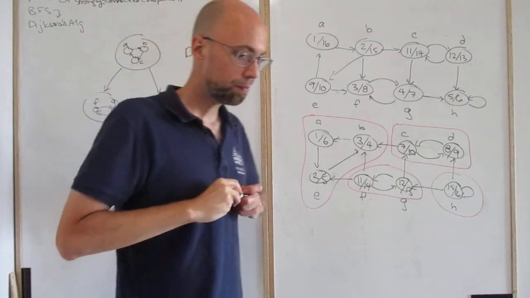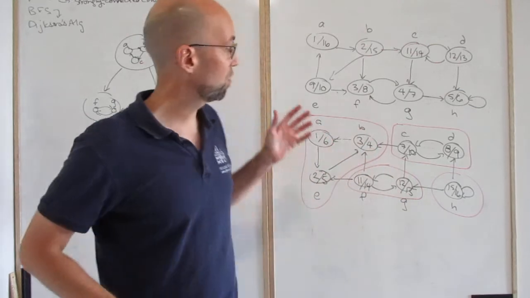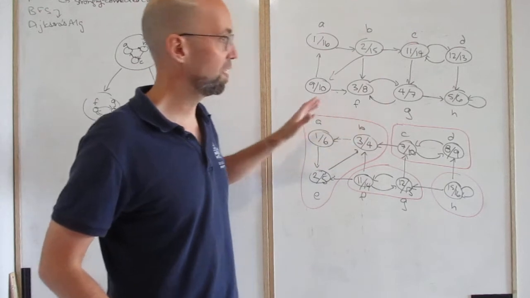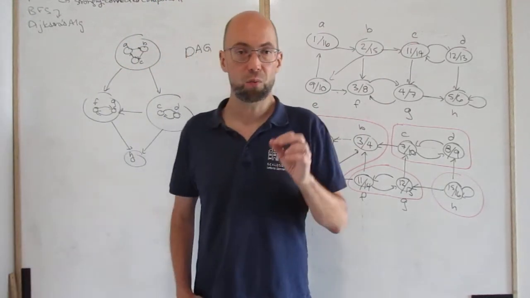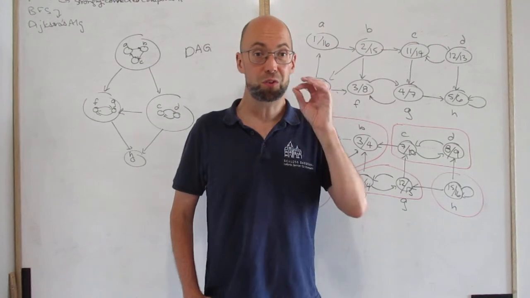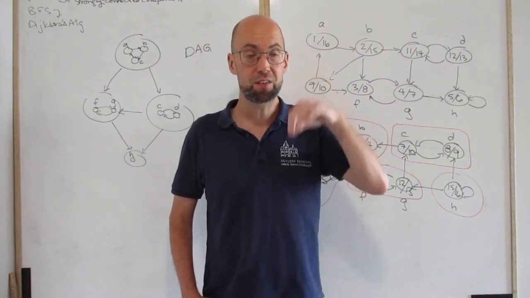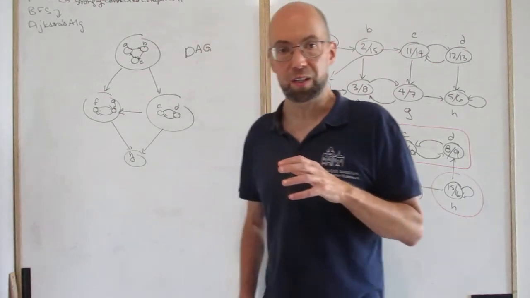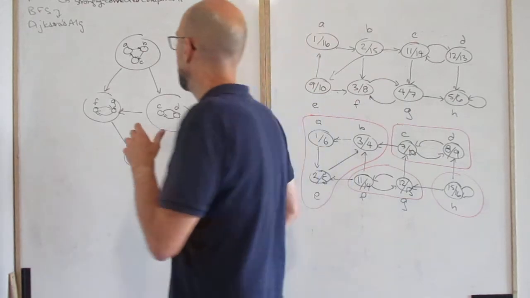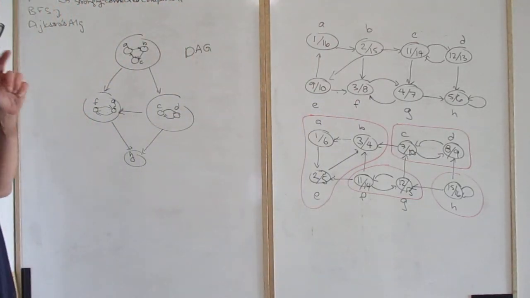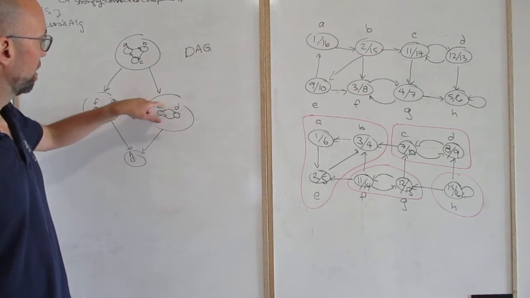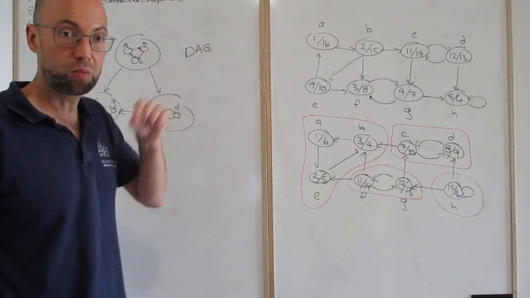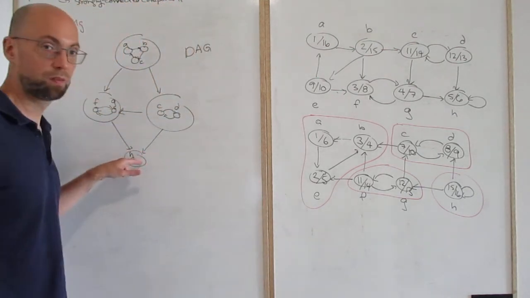Now, when we're doing the DFSs here, we're starting with a vertex, and we're doing it in decreasing order of finish time, right? So if you think about it, is it possible for somebody in C and D to have a smaller finish time than H?